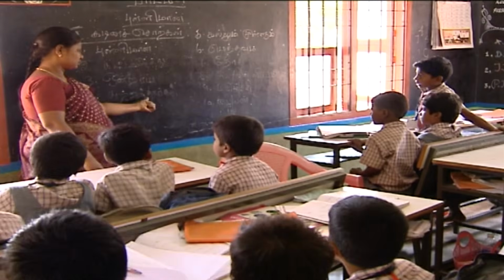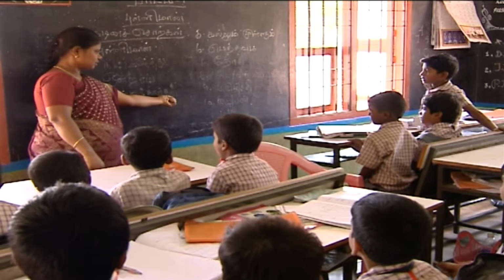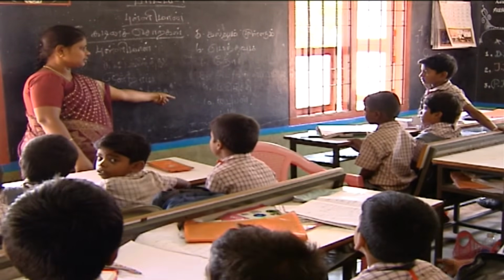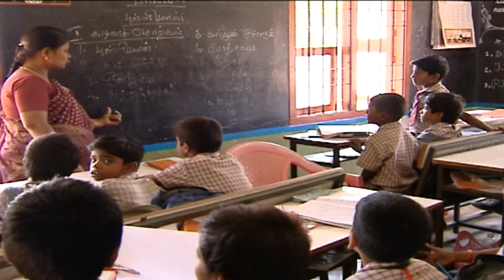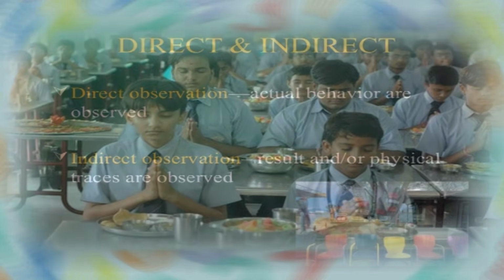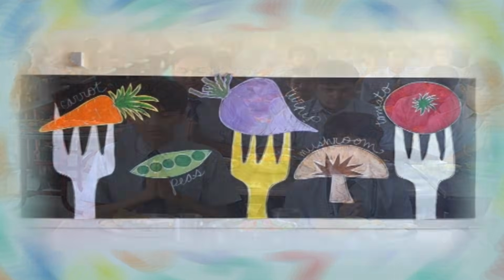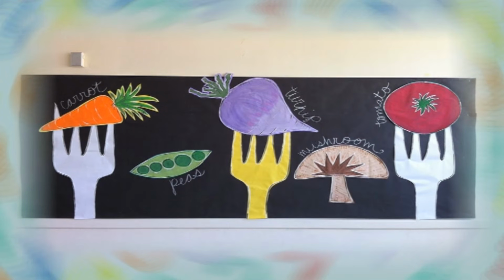So, in a direct observation, the observer and the person who is being observed are real. Indirect observation is when you watch the results of interactions, processes and behaviors. For example, measuring the amount of food wasted by students in a school cafeteria to determine whether a new food is acceptable to them.